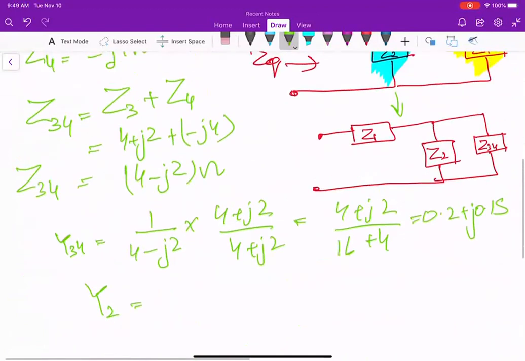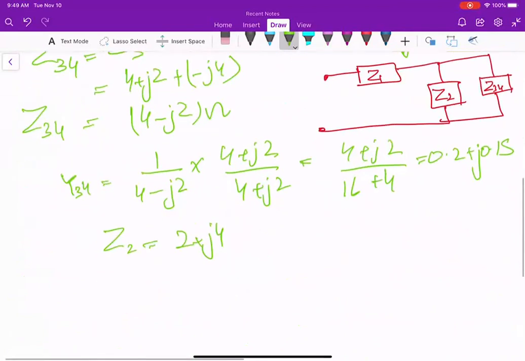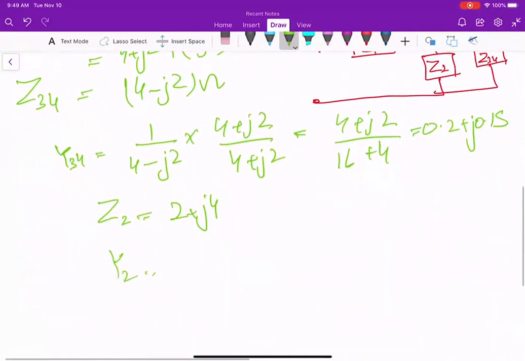So Z2 is 2 plus j4, and Y2 is 1 over 2 plus j4.